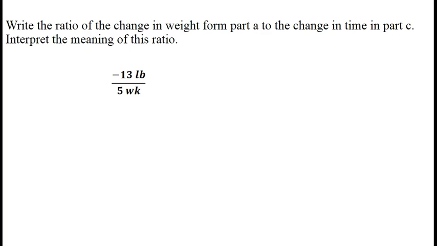This is saying that dividing our change in weight by the change in time gives us an average rate at which we have lost or gained weight over a period of time. This is what we're going to call average rate of change. And so what is average rate of change?